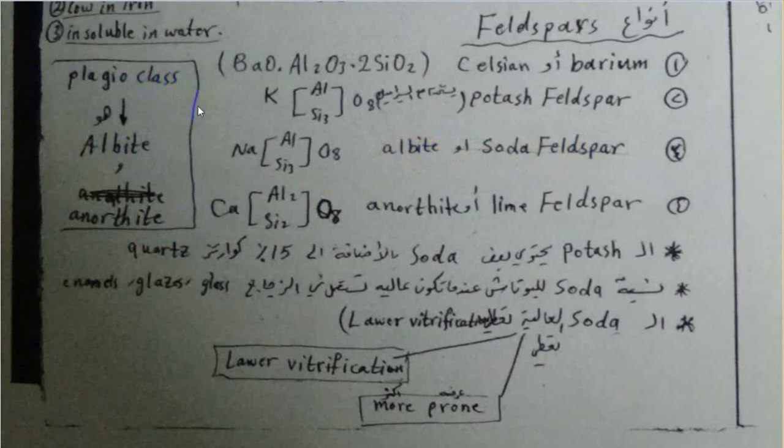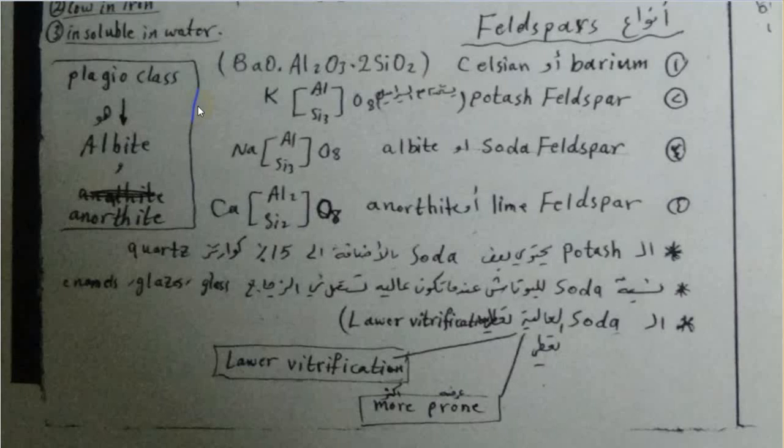They are all glass, but they can be considered fluxes due to their derivation from the feldspar. They are derived ultimately from the feldspar.